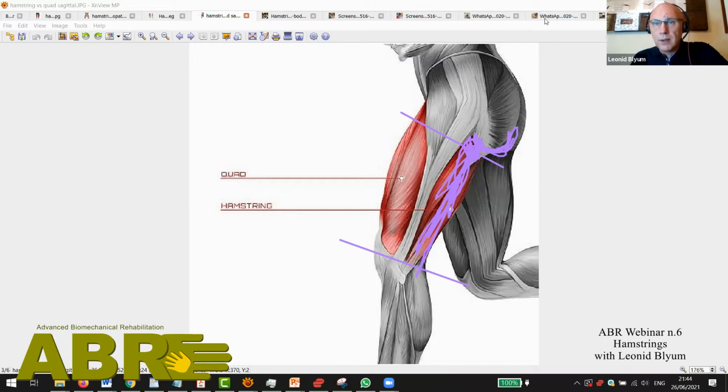Because the moment this connection from being under the sitting bone shifts even a little bit behind the sitting bone, that has critical influence on the angles. So it becomes something like this, right? You suddenly get this additional thing.